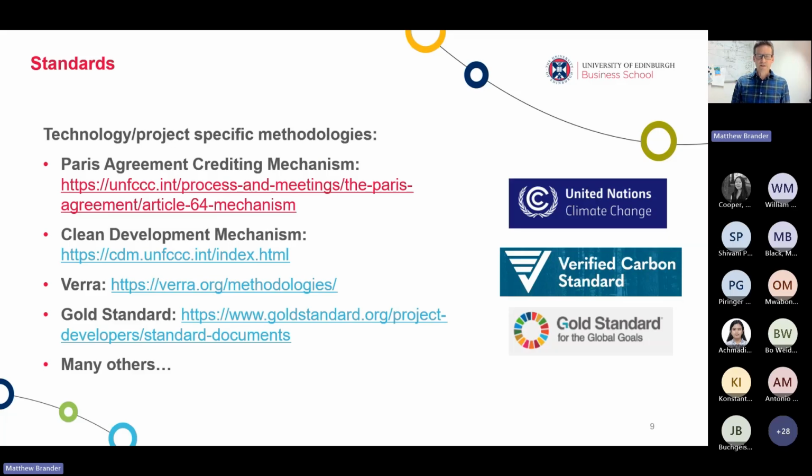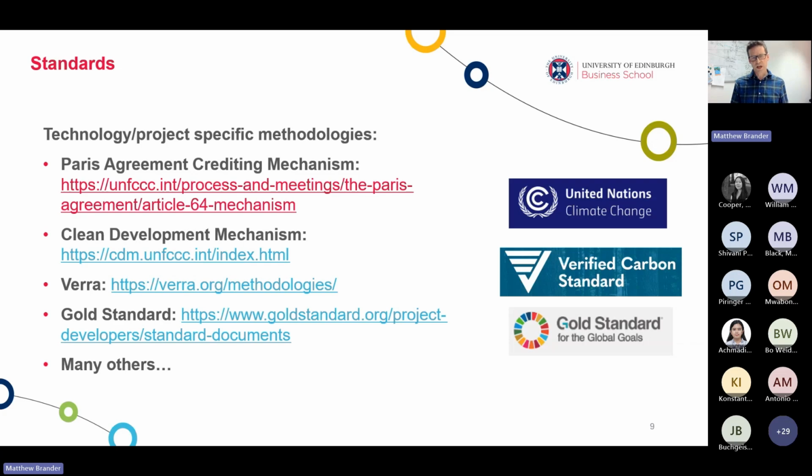Those standards that I mentioned on the previous slide are generic standardized methodologies for quantification at the project level. There are also quite a large number of project type specific methodologies, and this is particularly within the field of carbon offset quantification. We're just seeing the start of the development of individual project type methodologies under the Paris Agreement crediting mechanism, and that follows on very much from the Clean Development Mechanism.